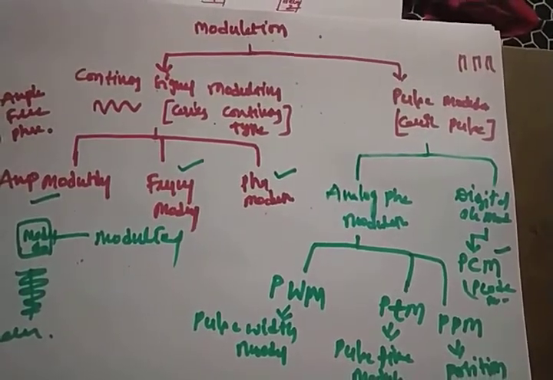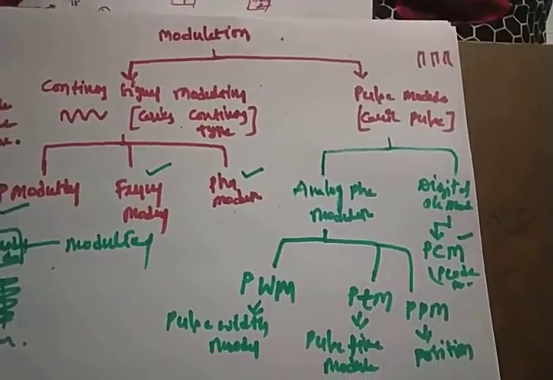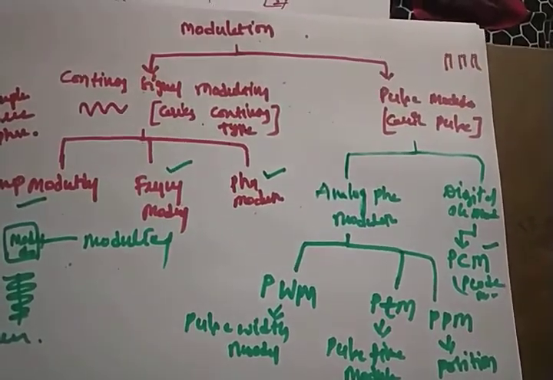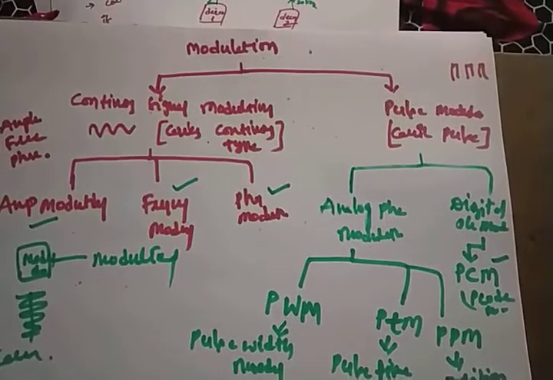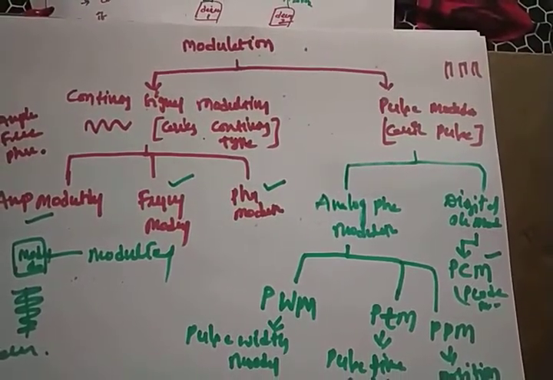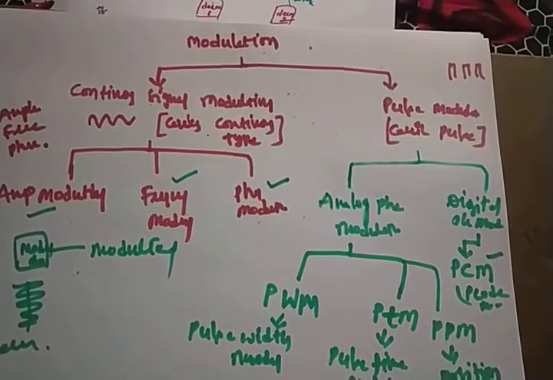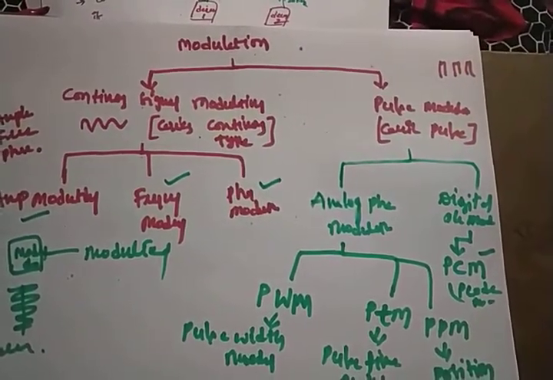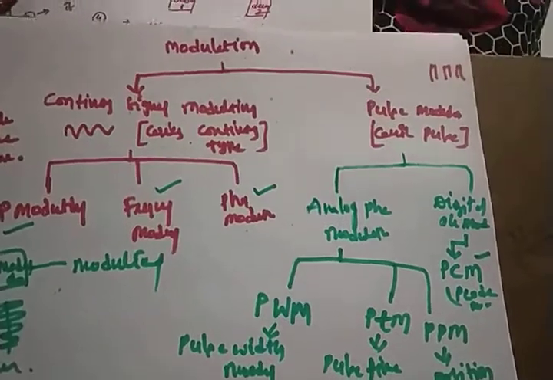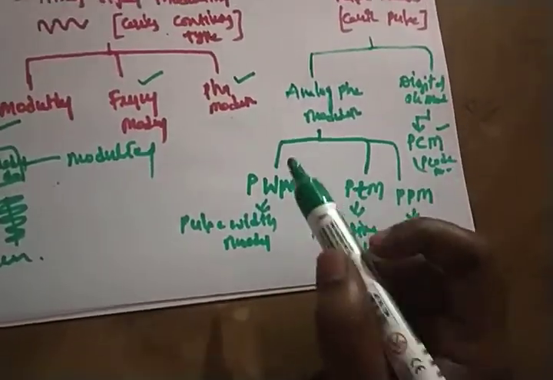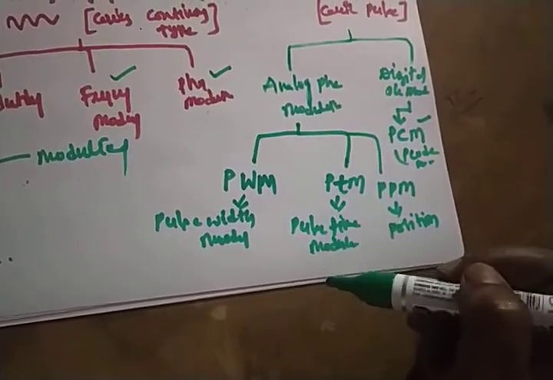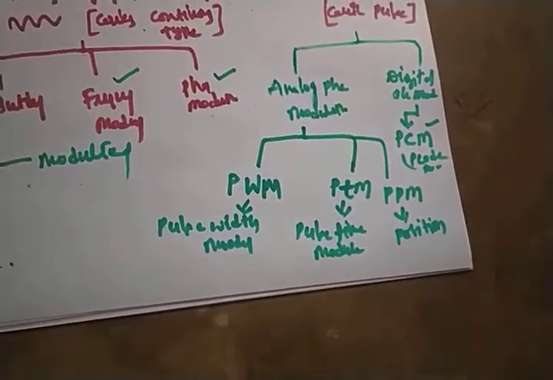So it is classified into amplitude modulation, frequency modulation, and phase modulation. What is pulse modulation? Pulse modulation is again classified into two types, analog modulation and digital modulation. Analog modulation is further classified into three types: pulse width modulation, pulse time modulation, and pulse position modulation, right?